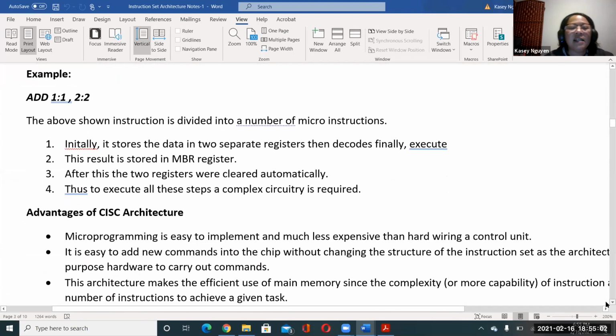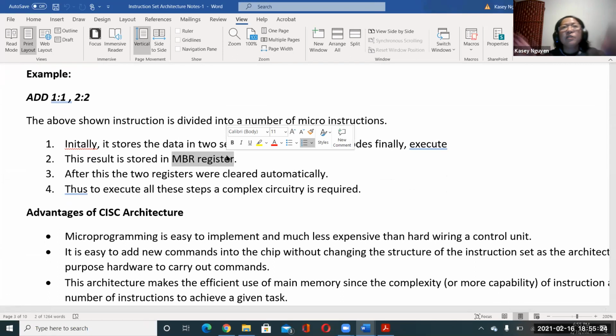So something like this: if we're doing 1 + 1, like I mentioned before, we would take 2 registers, store the 1 and the other 1, and then add them. Now for the MBR, the result is going to be put into a third register, and after the 2 registers are used, it's going to flush them, right? It's going to clear them out.